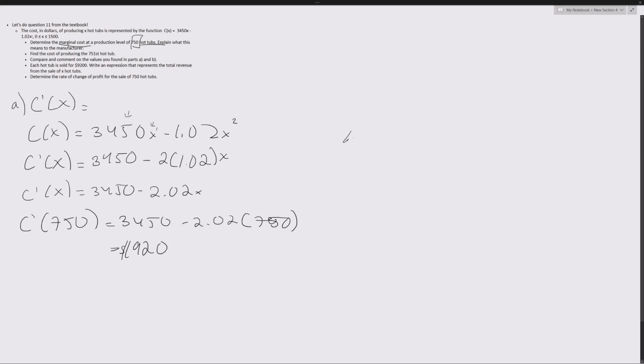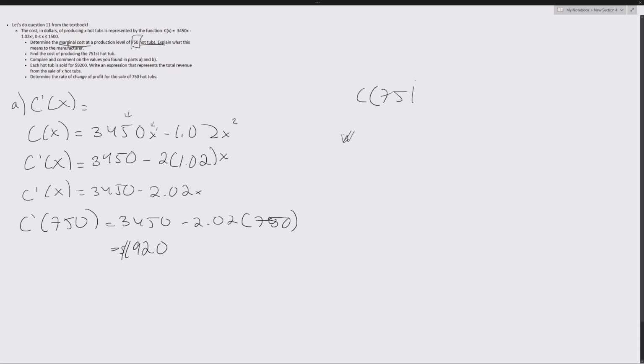Well, that is very, very easy as well, because now we need to figure out how the 750th hot tub is related to the 751st. Clearly what we could do is just substitute C of 751, right?